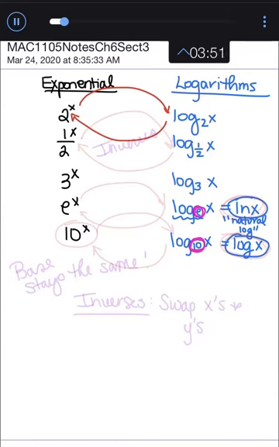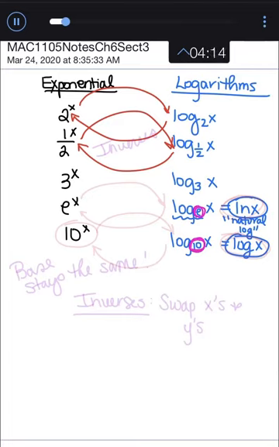What's going to be the inverse or opposite of an exponential base 1/2 is a log base 1/2. What's going to be the opposite or inverse of a log base 1/2 is an exponential base 1/2. Keep on going. The same ideas are going to apply.